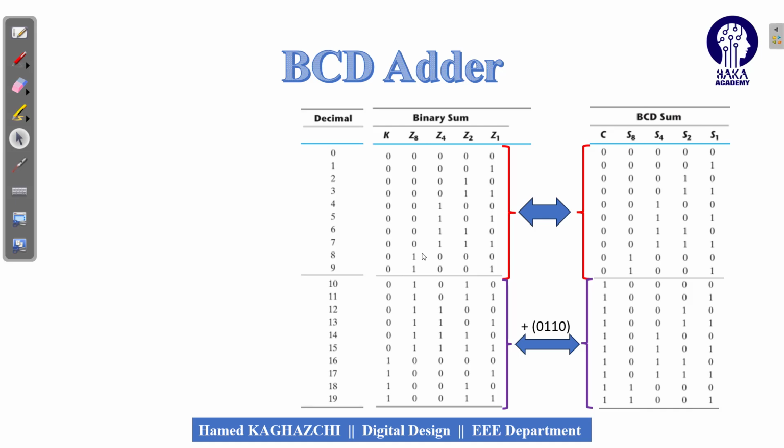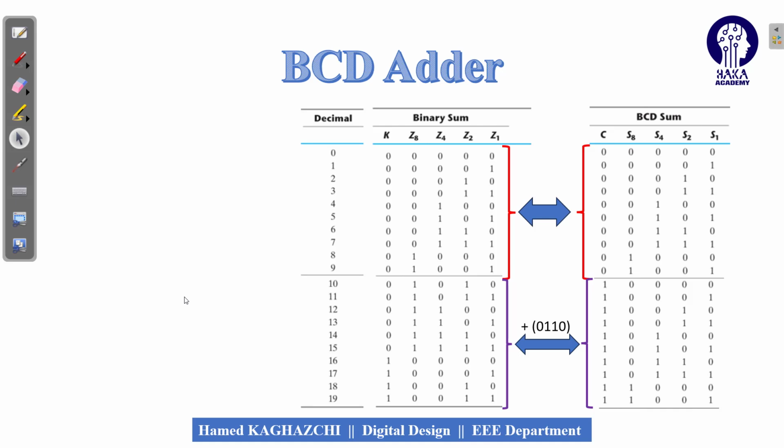Again, look at this section. Here, the addition between 0 up to 9 is directly written in the output. But if the addition of two BCD numbers is more than 9, between 10 up to 19, it is added by 6, then written in the output.